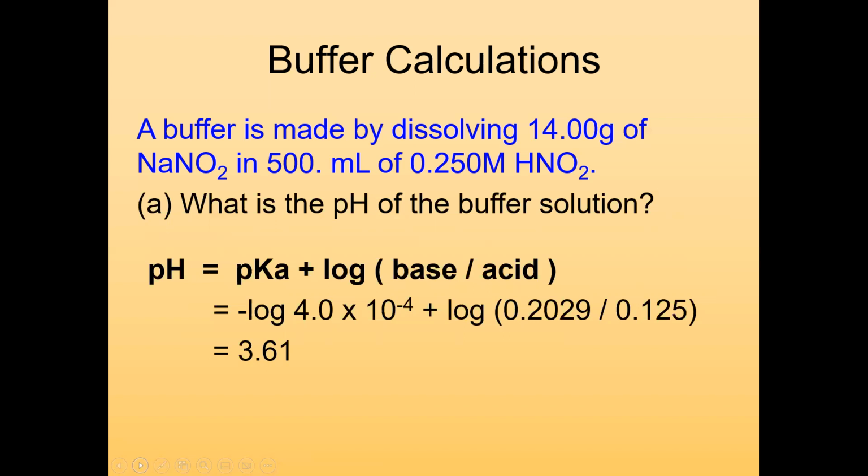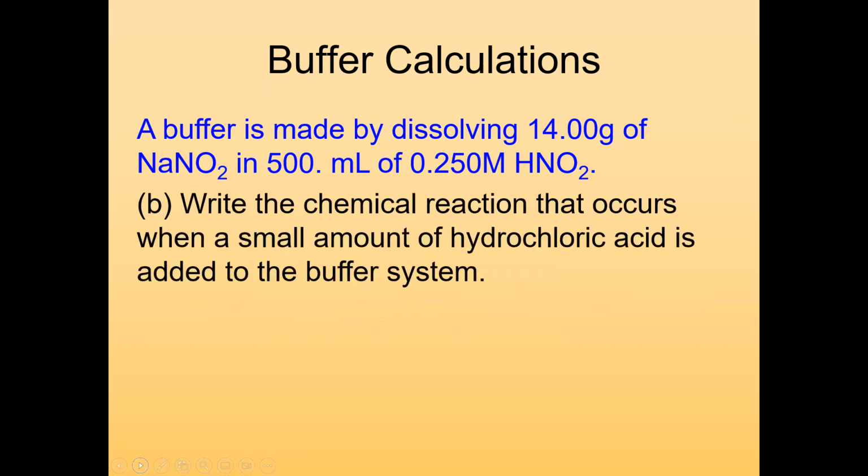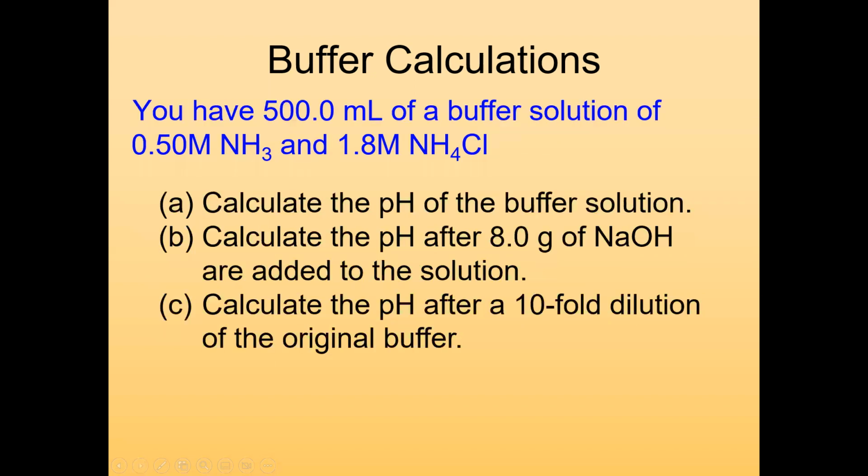And that leads us to the second question. It wants to know what happens if we add acid to it. What is the reaction that would occur? So remember, the acid is going to react with the conjugate base, which is the nitrite ion.